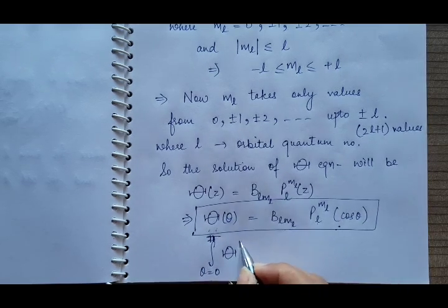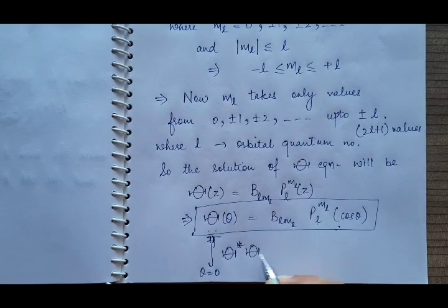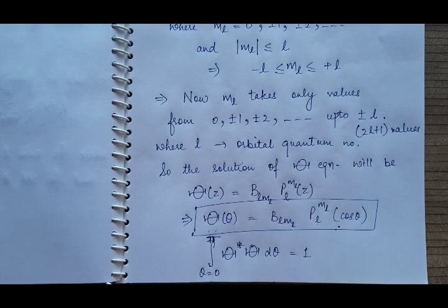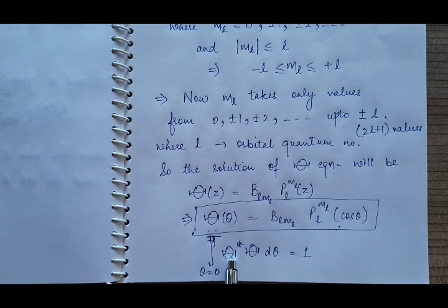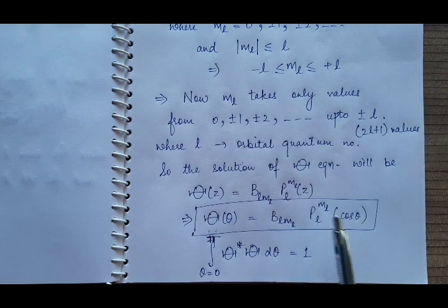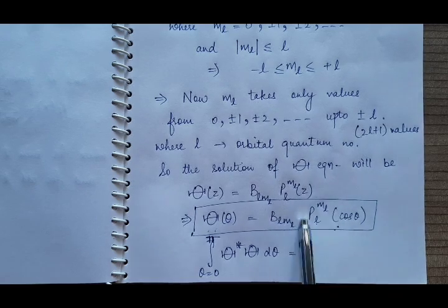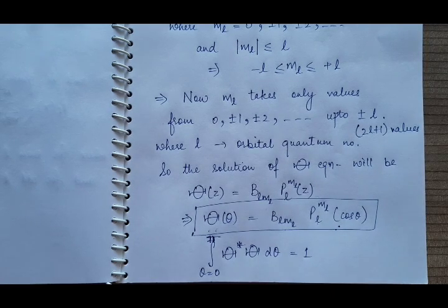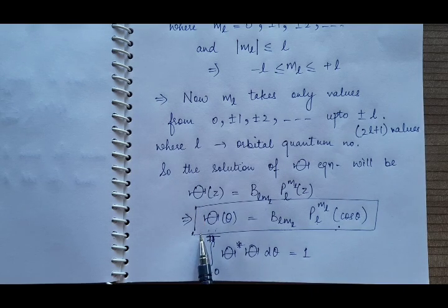Because this is again an acceptable wave function, the integral of theta star theta d theta is equal to 1. Here you will have B squared LML, and P_L^ML(cos theta) times P_L^ML(cos theta), and corresponding to different values of L and M_L, you can calculate this value from the table. So this is the final solution of theta.